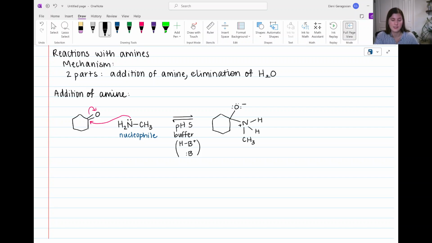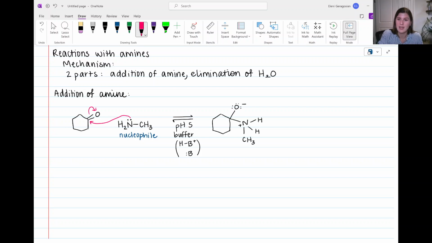It's got a positive charge. Now in this molecule, we have an oxygen with a negative charge that would be neutralized with a proton. We have nitrogen with a positive charge that would be neutralized if it gave away a proton. The oxygen and the nitrogen are already near each other in this molecule.